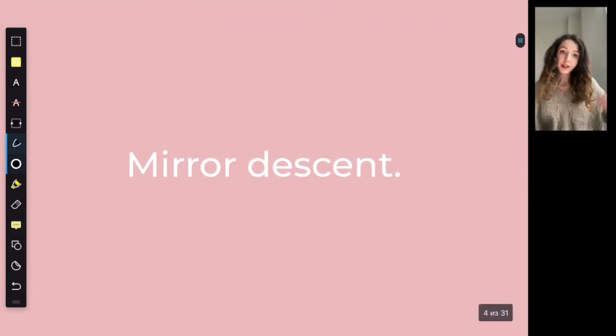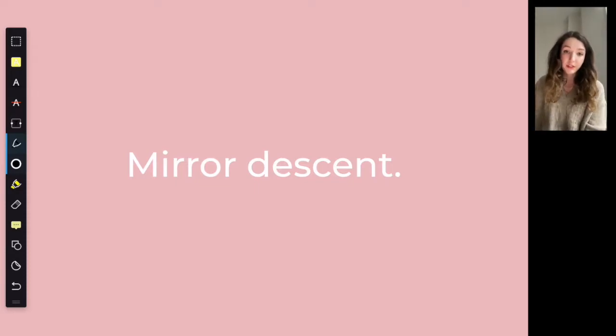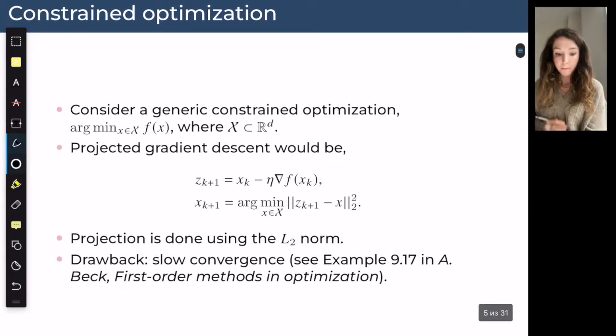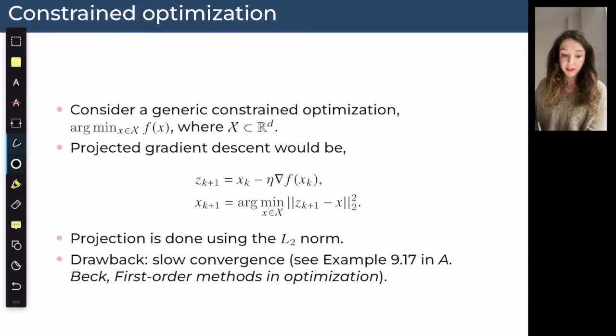Now, before I continue with the particular setup that we consider, which is a mirror descent distributed optimization, I want to briefly talk about mirror descent itself. So what does mirror descent do and how is it defined? If we go back to some kind of generic optimization problem, let's say our generic constrained optimization is of this form.